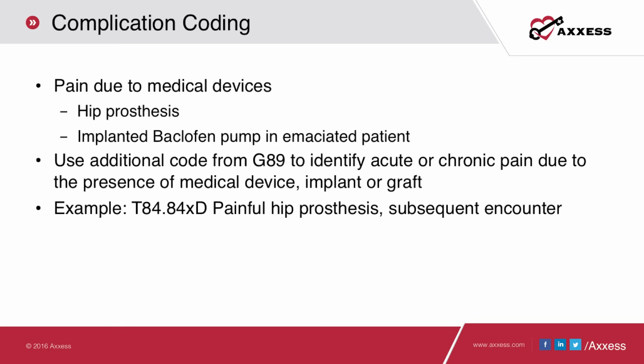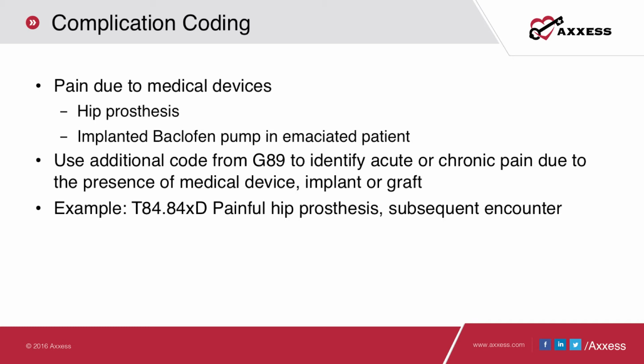Some complications that are covered in this particular part of the code book include pain due to medical devices, for example, a hip prosthesis. In my career, and I'm sure you have run into this as well, you might have a patient who is elderly and thin, and she's had her hip replaced, or he has, and that hip prosthesis continues to be painful. In that case, pain due to medical devices could actually be a diagnosis code that's used.